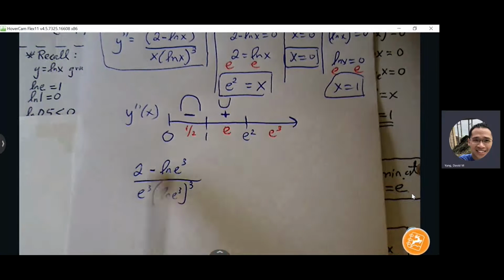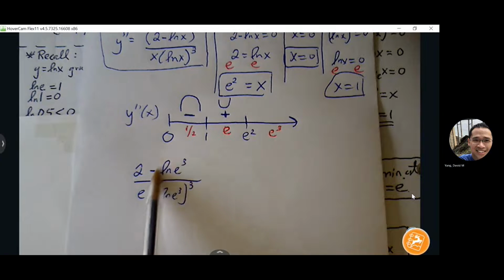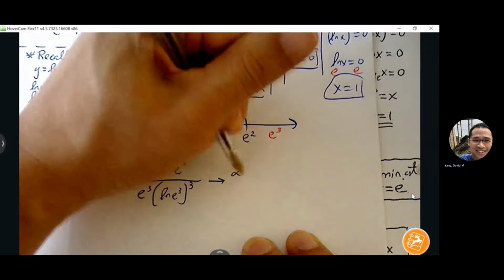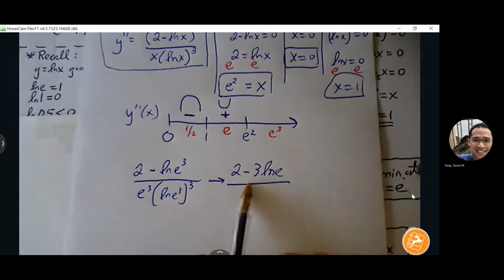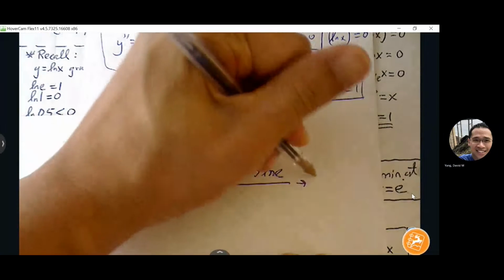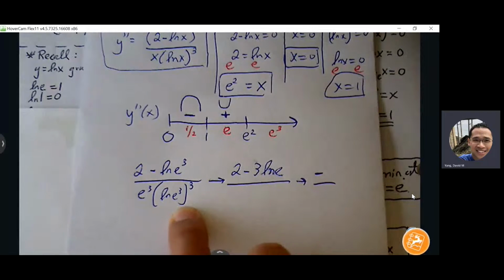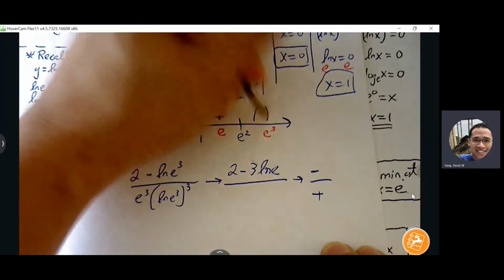Okay, what can I do to clean this up here? Bring the 3 down, okay. So natural log of e is 1, 2 minus 3 is negative, and the denominator is all what? It's all positive, so negative over positive is negative.